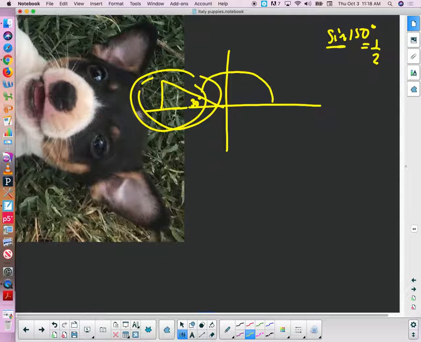But remember how I gave you that x, y, and r? Because in physics we need to know the placement of this, what we call the x and y components, okay? Sine is what 2 letters on your memo page? Y over r. Isn't sine y over r on your memo page?